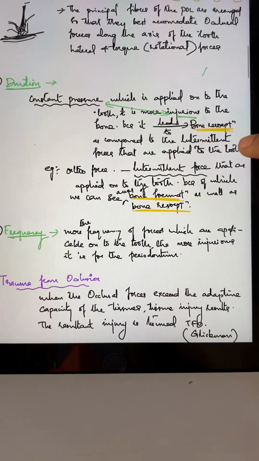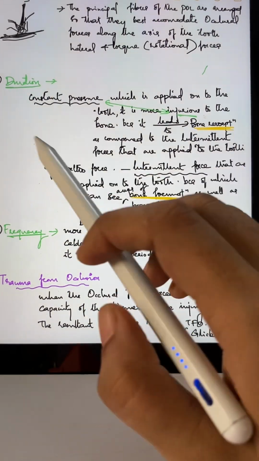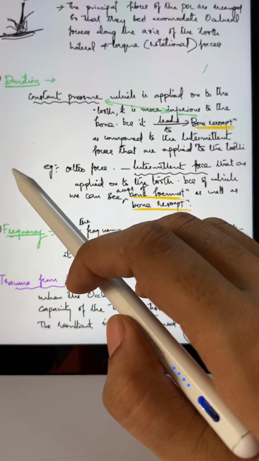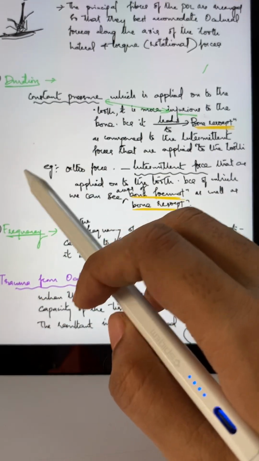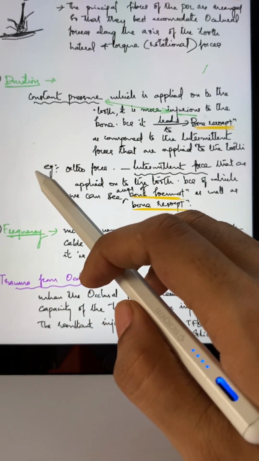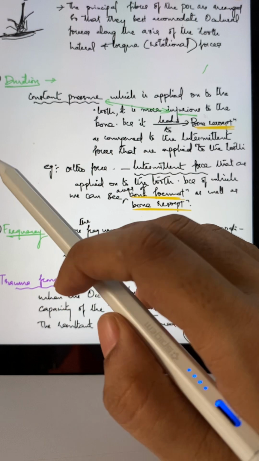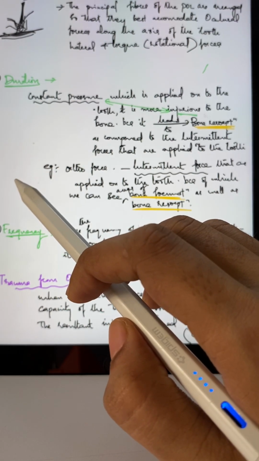Next is the duration. If constant pressure is applied on the tooth surface, then that is more injurious compared to intermittent forces. An example of an intermittent force is orthodontic force. When the patient is taking orthodontic treatment, we know the force is intermittent.